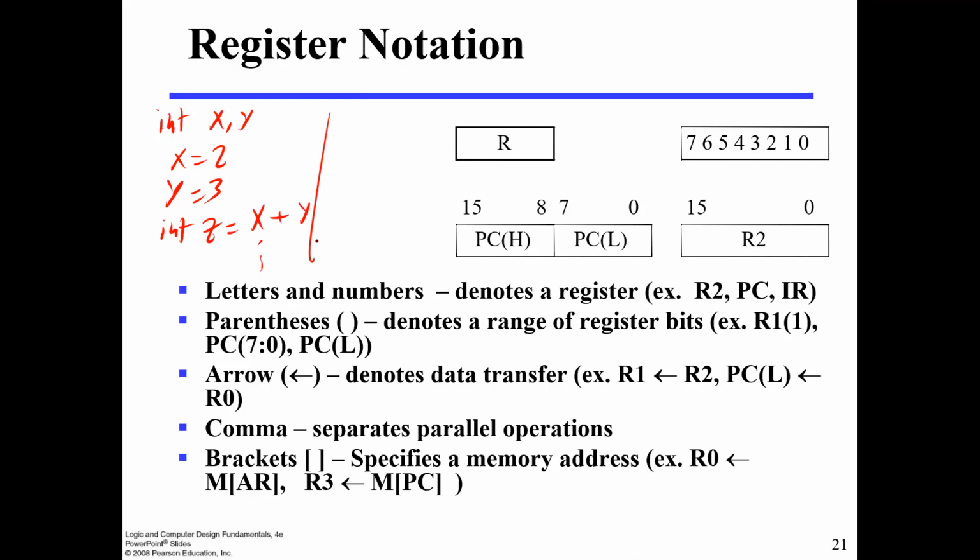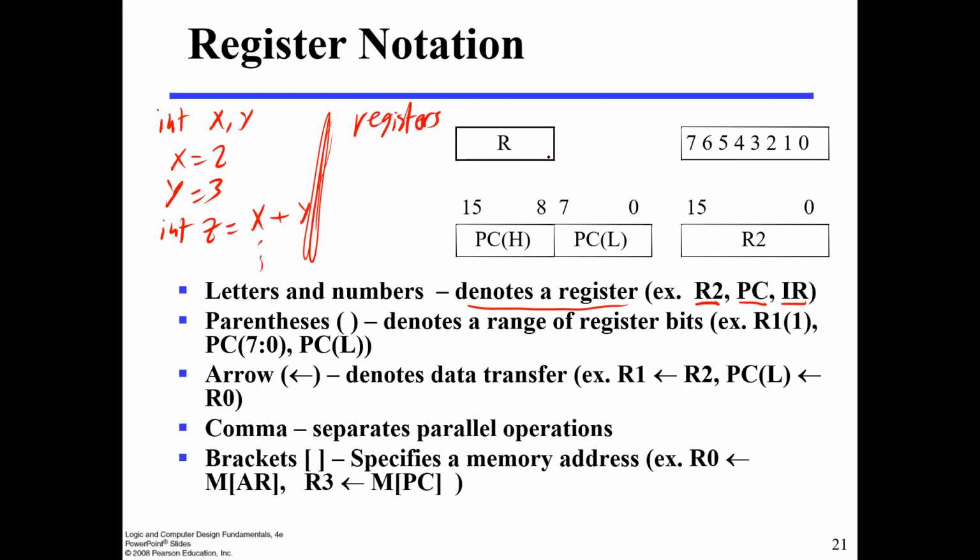For HDL, we will deal with registers. So, to denote a register, you can use a combination of letters and numbers. For example, register R2, register PC, register IR, any name can fit for your register.